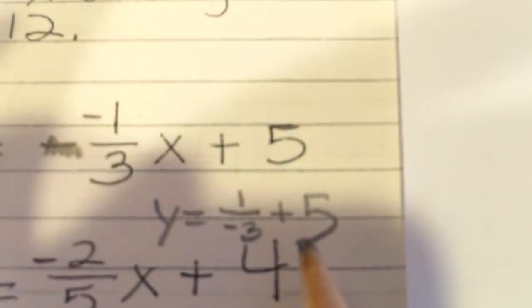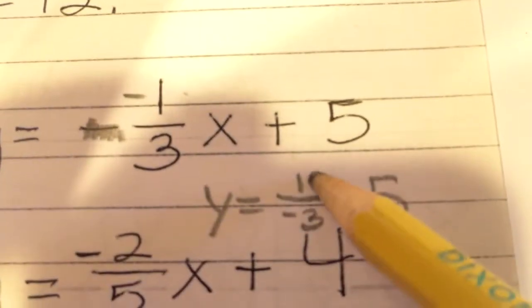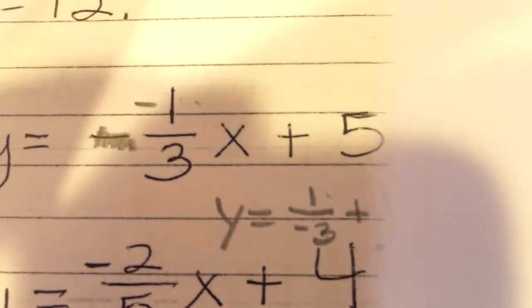Now what if we did it the other way? What if we started with positive 5 on the y-axis? Again, positive 5 on the y-axis, and then we're going to go up 1 and back 3.